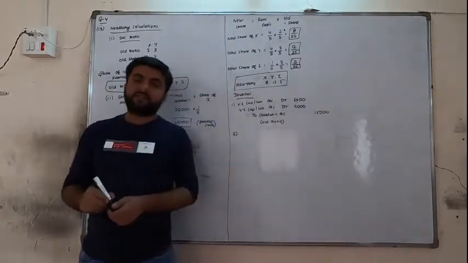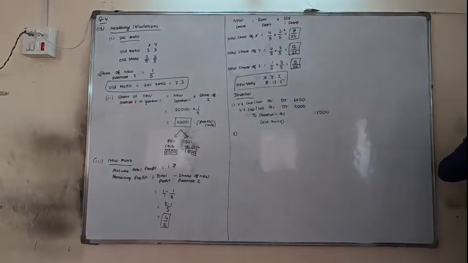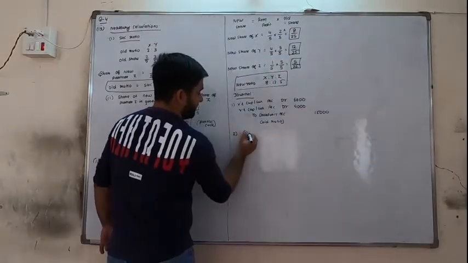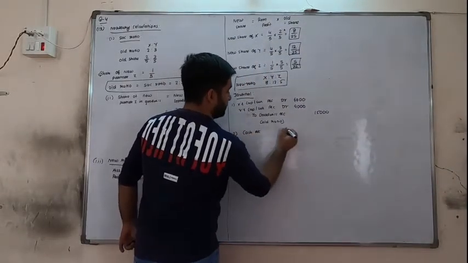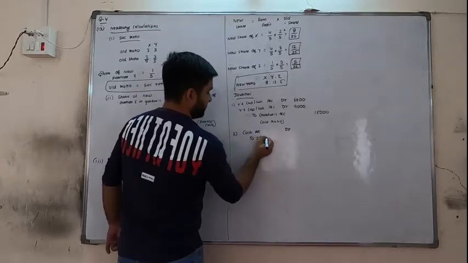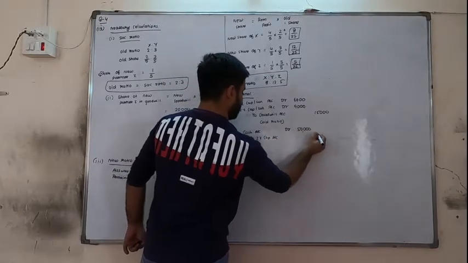Second entry is regarding bringing the capital in cash. Now new partner is bringing 50,000 as capital. So the entry would be cash account debit to Z's capital account 50,000.